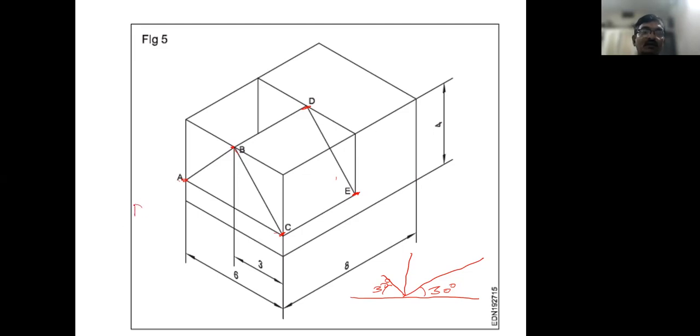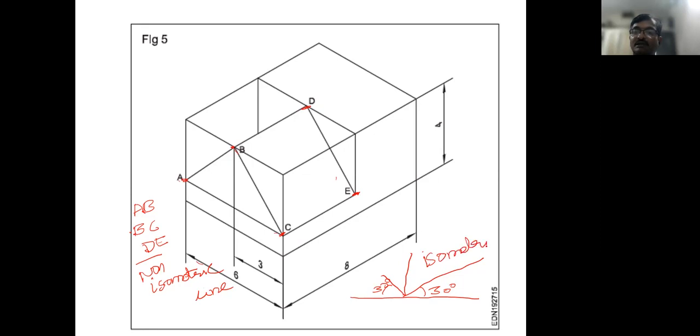Here AB, BC and DE, these three lines, are non-isometric lines. All other lines are isometric lines.